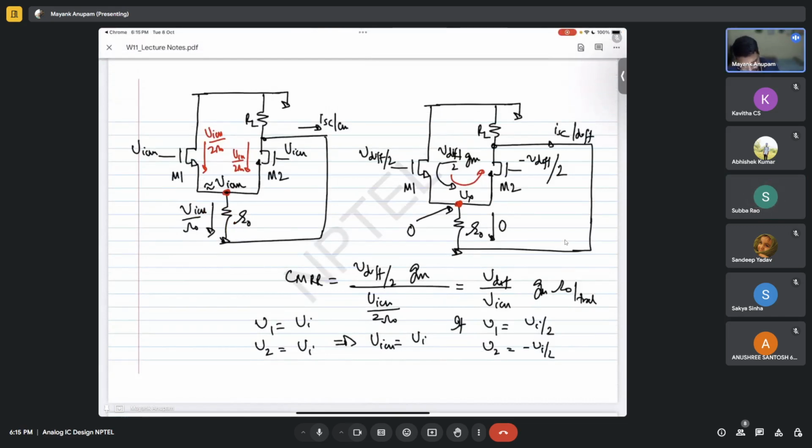As you already saw, differential gain is fine: GM times RL, GM by 2 times RL. That is the differential gain. Let's do that.